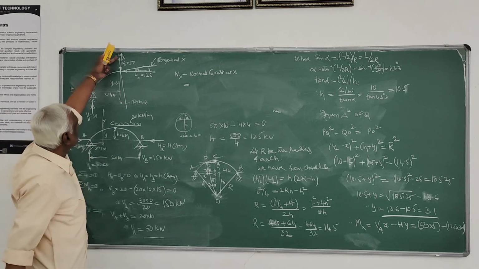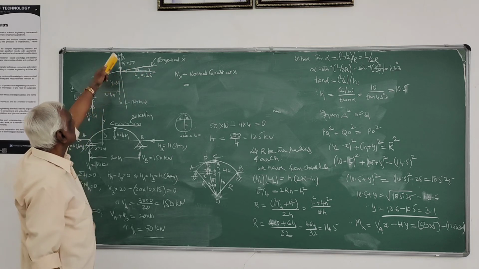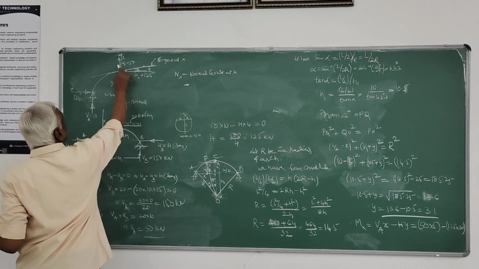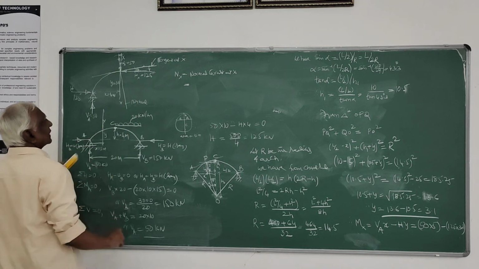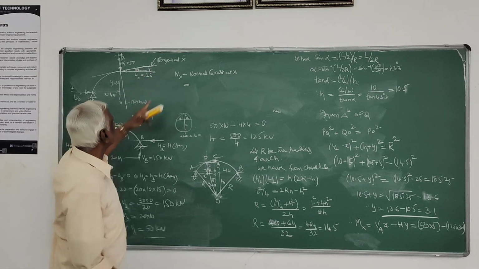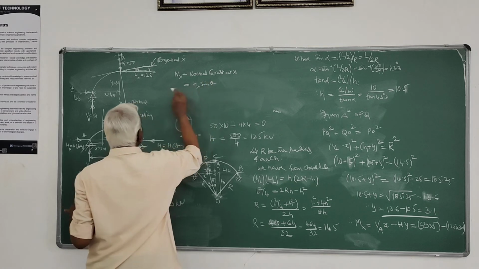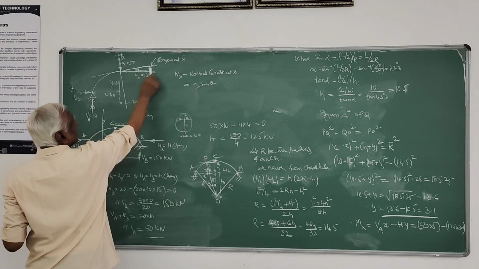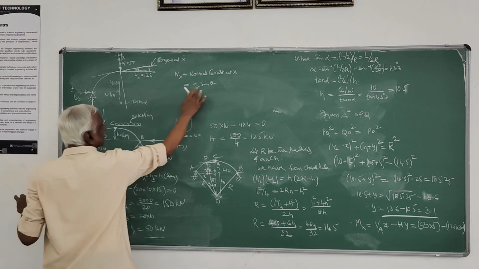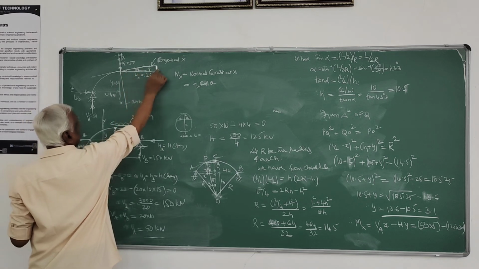Therefore, if you take normal thrust, it is like this. This is theta, this is also theta. With reference to this, this is sine. We are determining normal thrust, that is this component along the tangent.